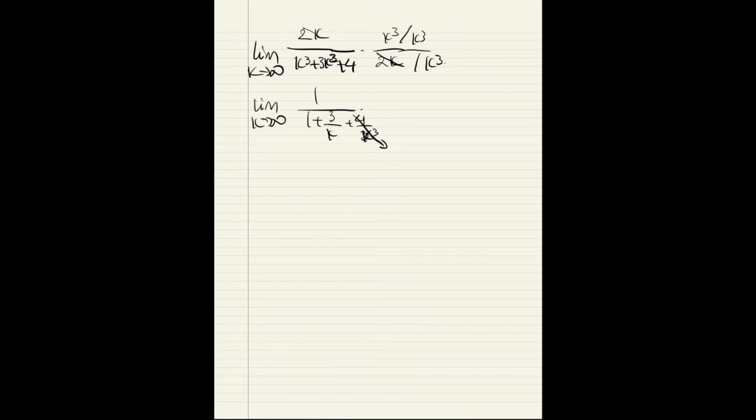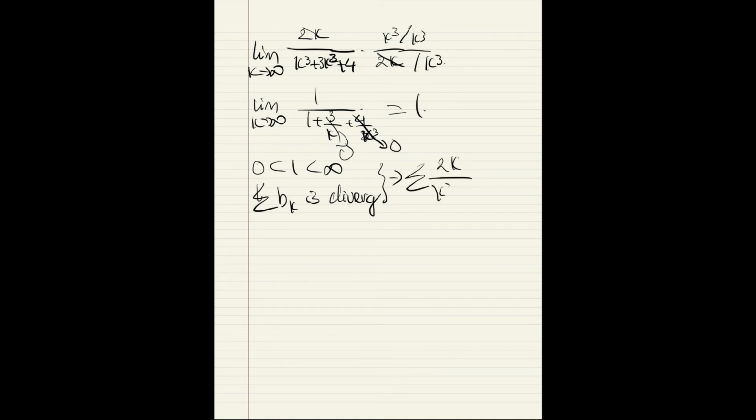This one goes to 0, this one goes to 0, so this equals 1. So, 0 is smaller than 1, smaller than infinity, and the series of b_k diverges. So the series of 2k over (k^3 + 3k^2 + 4) diverges.